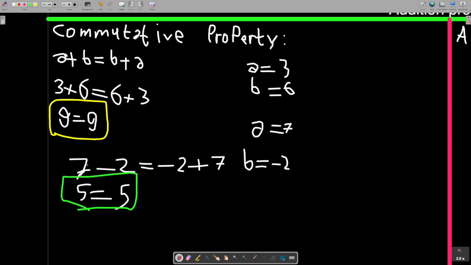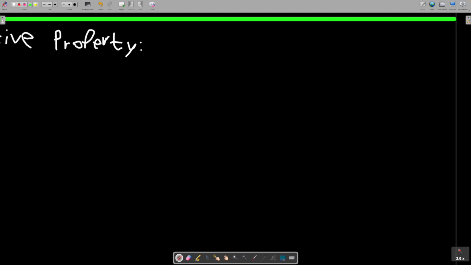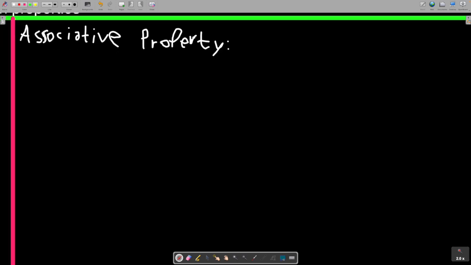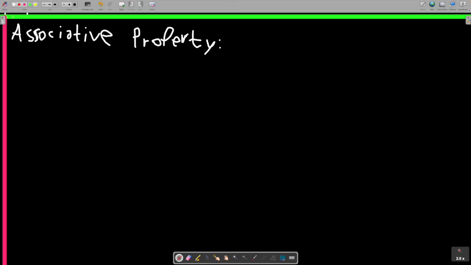So now let's do the associative property. This is the formula: (a plus b) plus c equals a plus (b plus c).